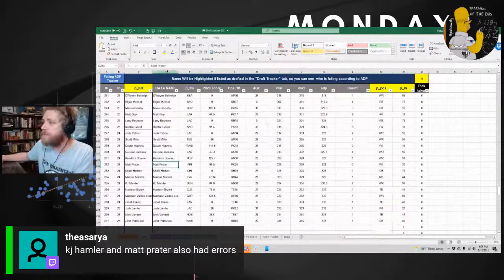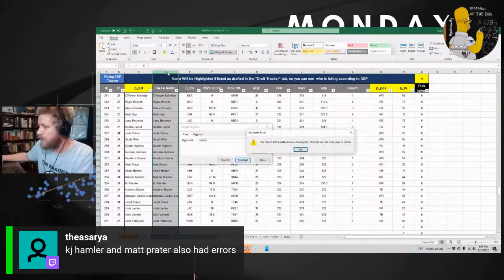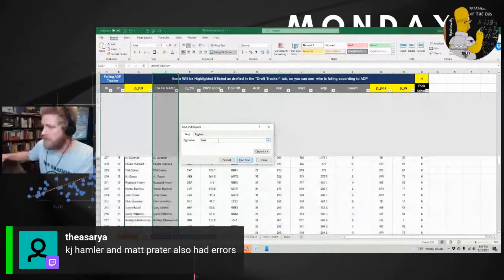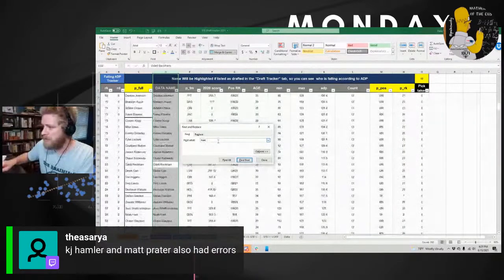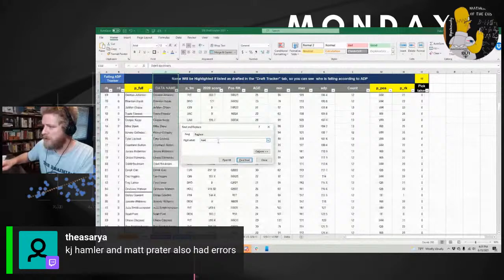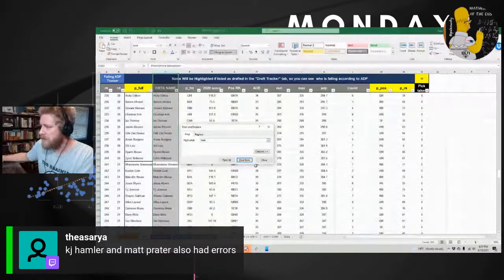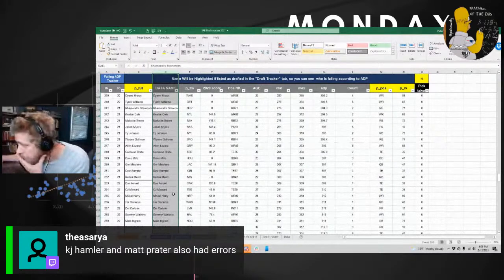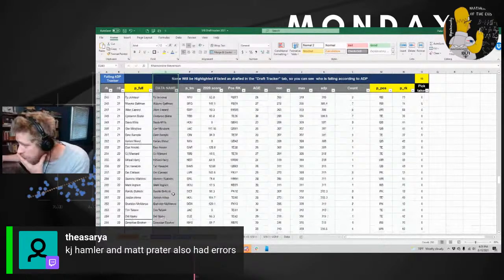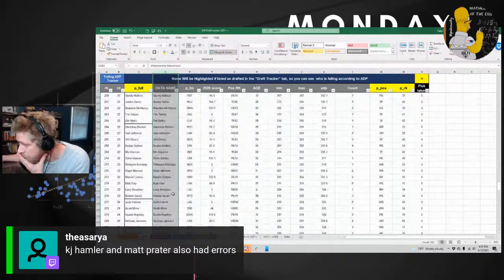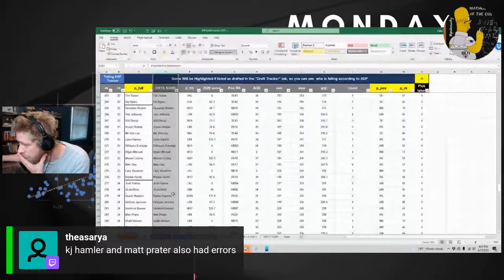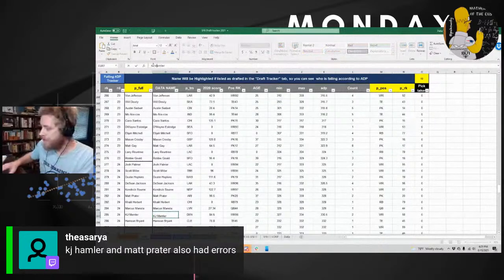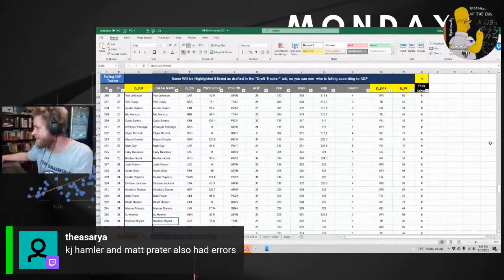Look at that. Where is Hamler? There it is. I'm guessing that's it. KJ Hamler. Okay.